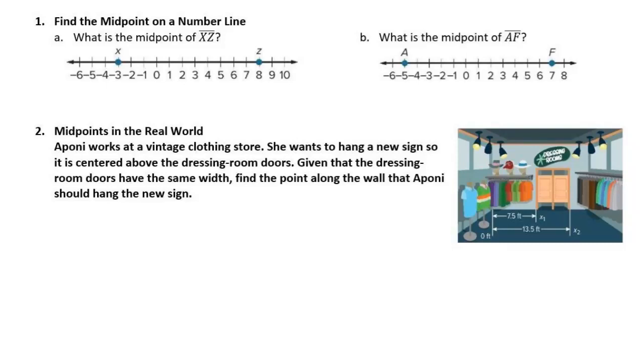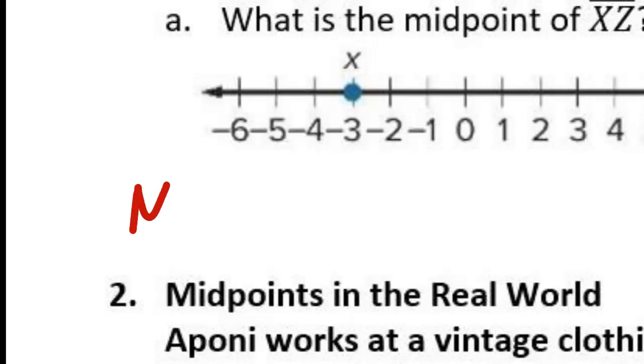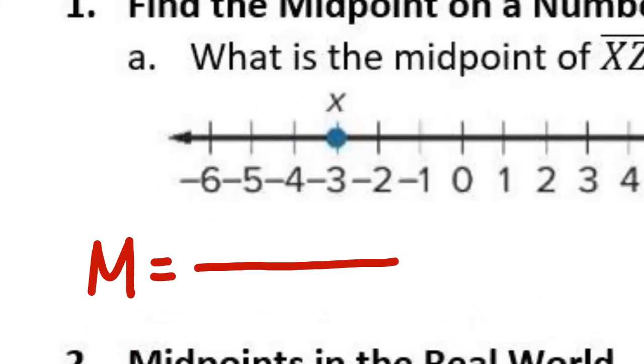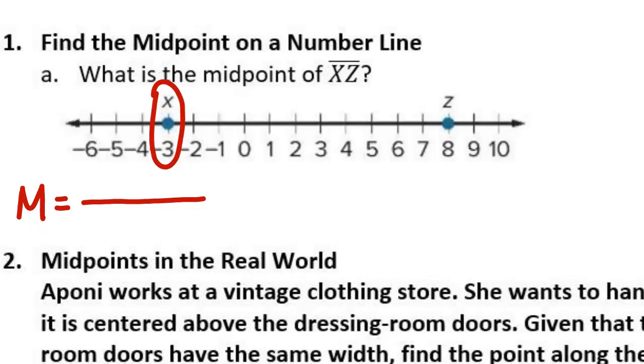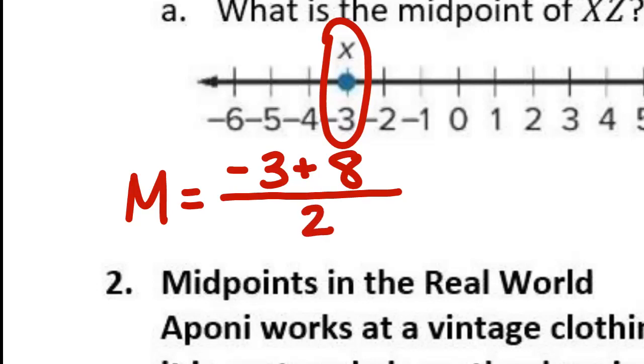Number 1, find the midpoint on a number line. What is the midpoint of xz? So to find my midpoint, we're going to take the values for the two x's, the two numbers, in this case x and z. We're going to add those together, so -3 plus 8, and we're going to divide that by 2.